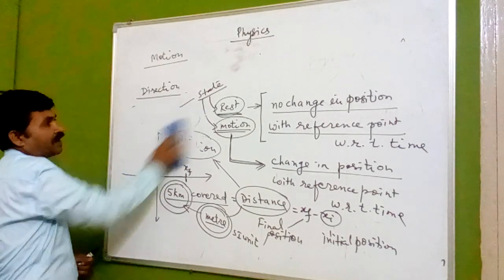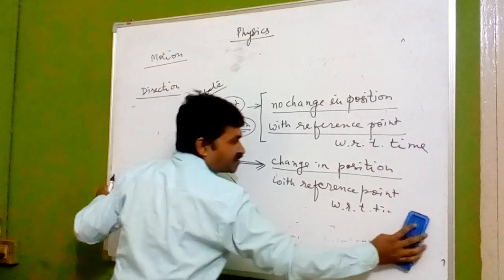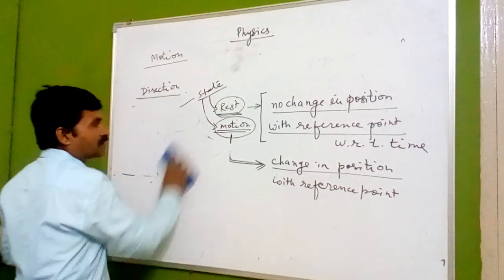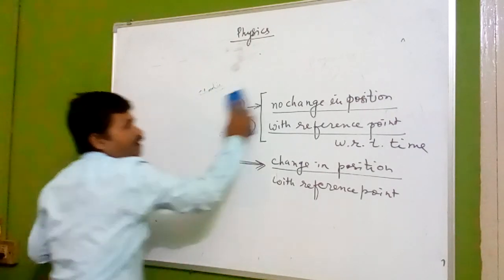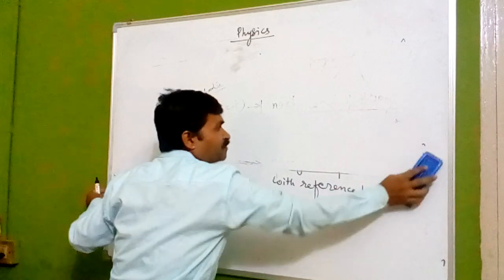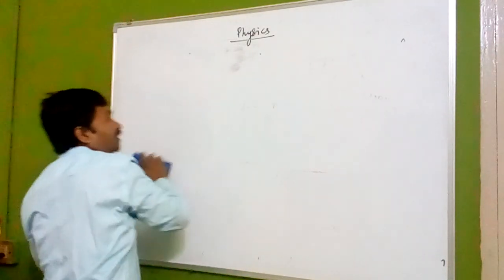अब यदि हम यहाँ बात करते हैं डिस्प्लेसमेंट की, तो डिस्प्लेसमेंट क्या होगा? तो डिस्प्लेसमेंट डिस्टेंस कवर्ड in a given direction.